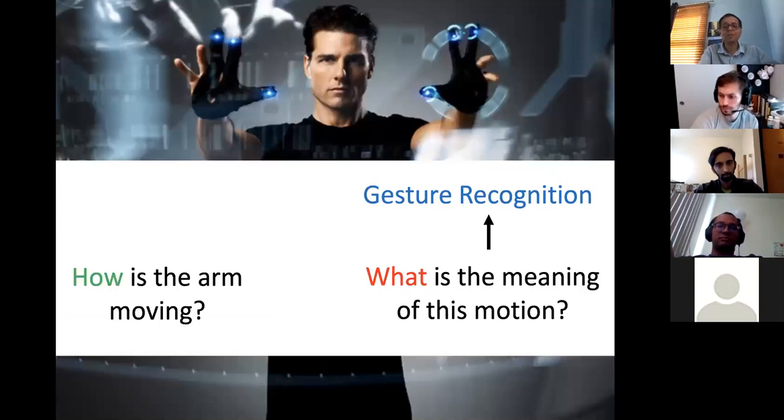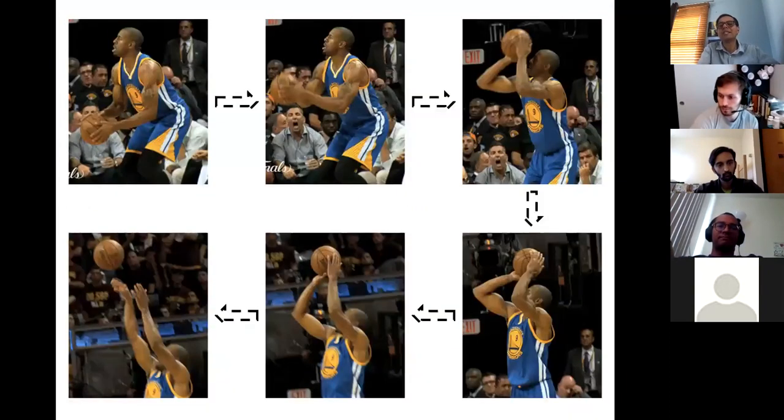Now, how is the arm moving? This is often called posture tracking. And this is more of a motion tracking problem that we care about, where we really want to get the XYZ coordinates of your hand over time, or of your arm over time. So applications of this might be sports analytics. In fact, we have been engaged in sports analytics quite a lot.